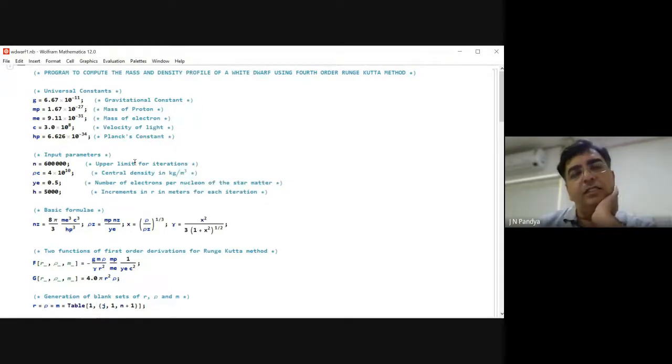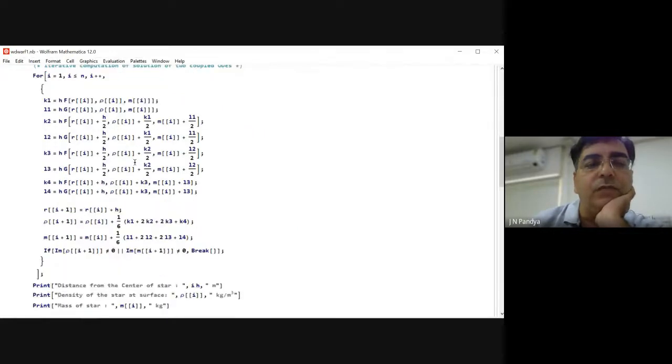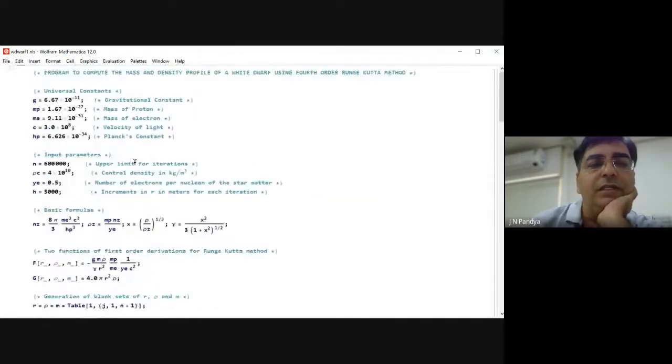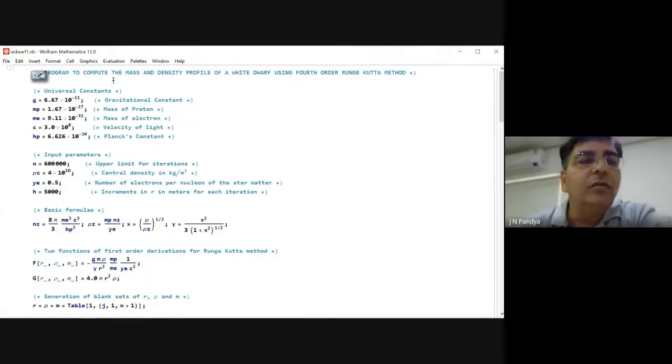Now see, this is a code which we wrote for solving the white dwarf equation of state. Again, this was using the RK4 method only. What is required is of course you are writing all these universal constants as you require in your normal code. So whatever values we have to define, we have defined those values.